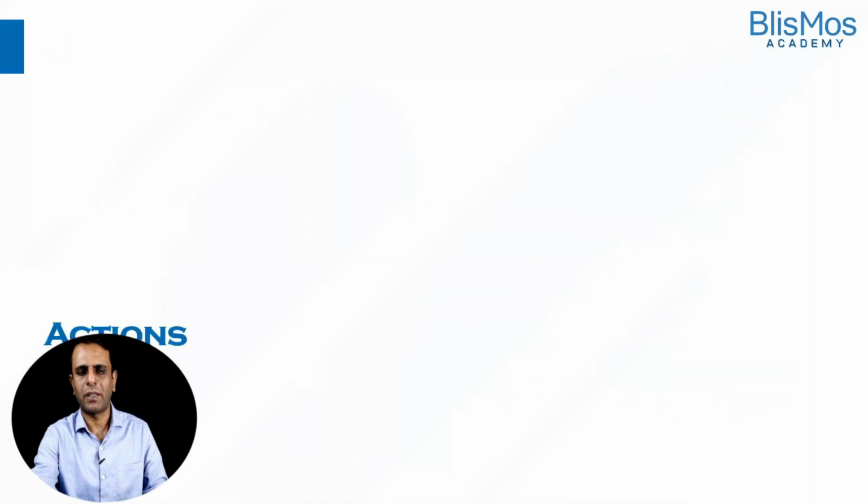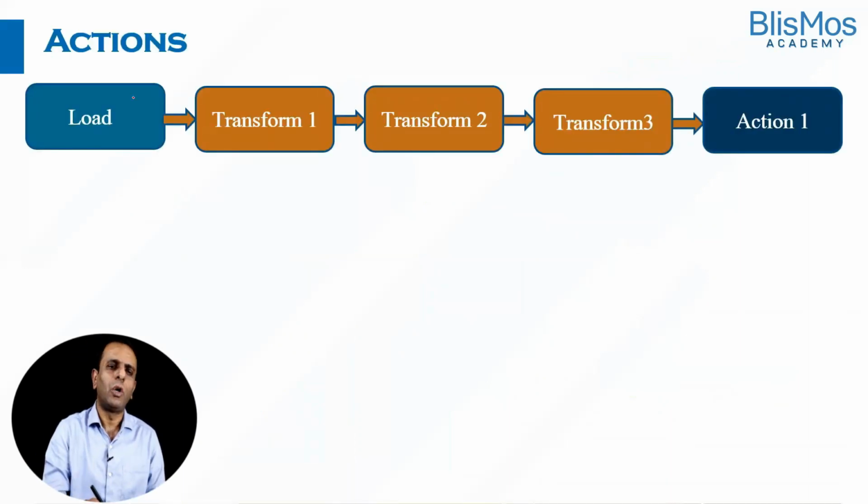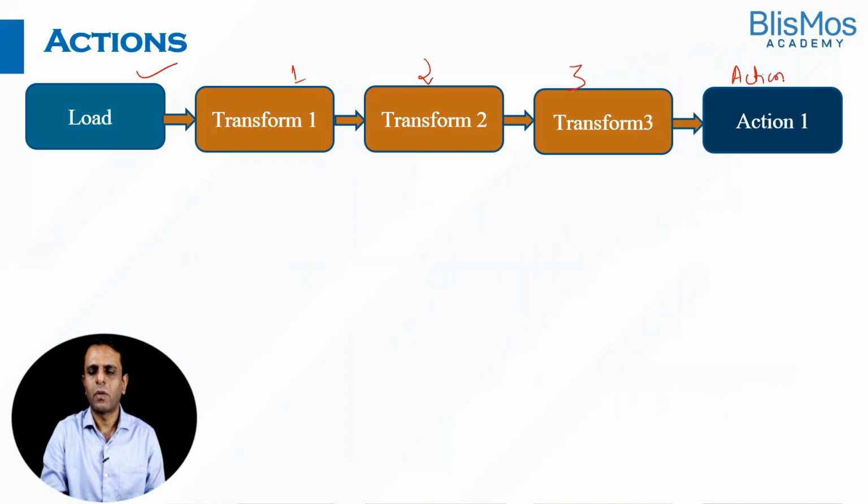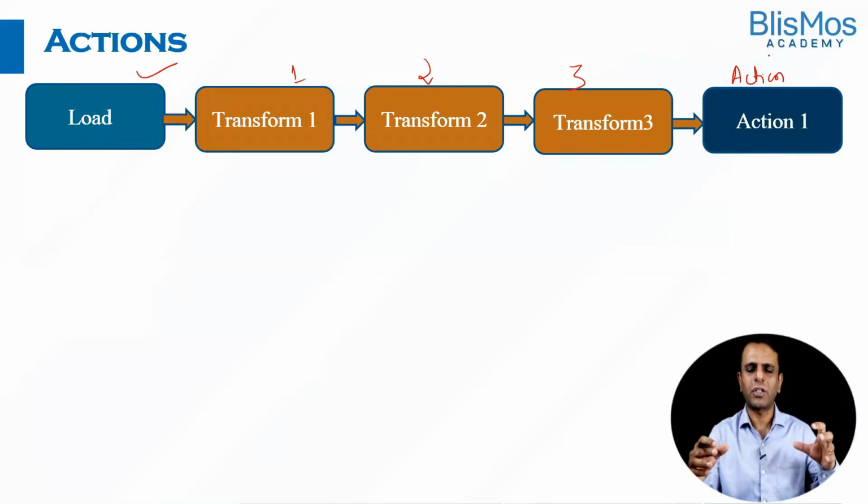Let us take an example here. Assuming that you are loading the data from an external file into the data frame, and we have first transformation, second transformation, third transformation, and also at the end there is an action. Let us take a real life example for this, and try to understand how exactly this works.